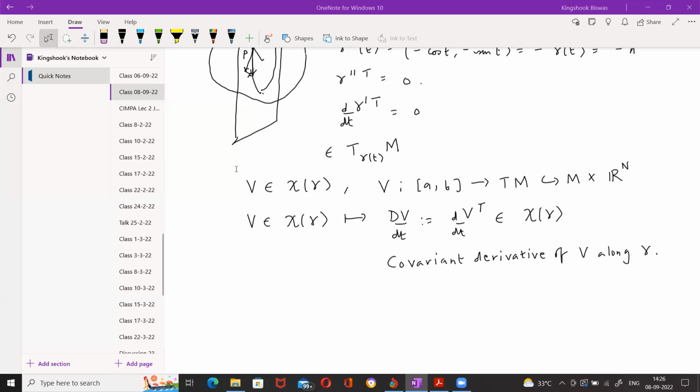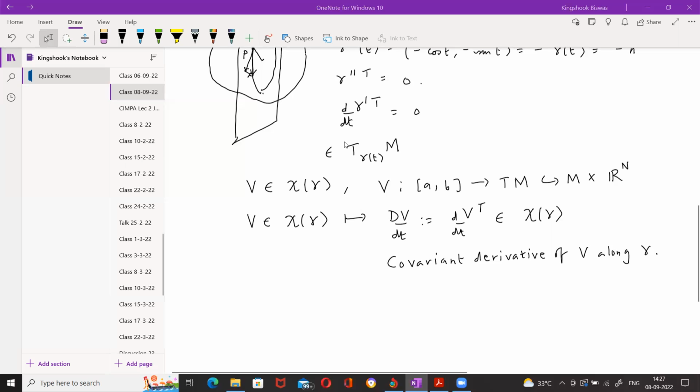Okay, so is this clear? You can define a covariant derivative of a vector field along a curve in this way. And this also suggests how to define the covariant derivative of a vector field on the manifold, not just a vector field along a curve. So let's come to that.